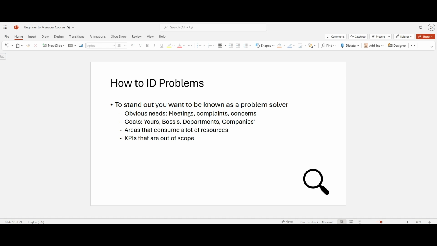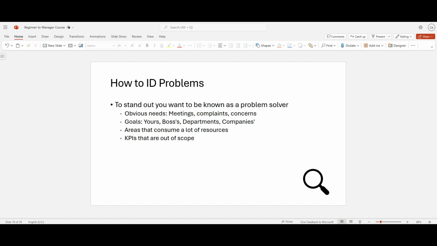But what you can also do is identify problems that other people have that you can solve, because maybe they're doing processes that consume a lot of time that you're not doing so much. If you can reduce the amount of time it takes to get that task or process done, that's a high impact problem. You're saving a lot of resources. That's very, very valuable. So other areas, even ones that you're not fully into, that consume a lot of resources are a good place to start.